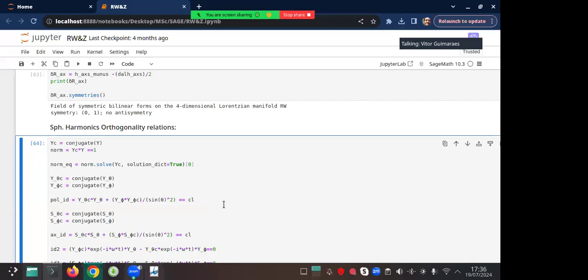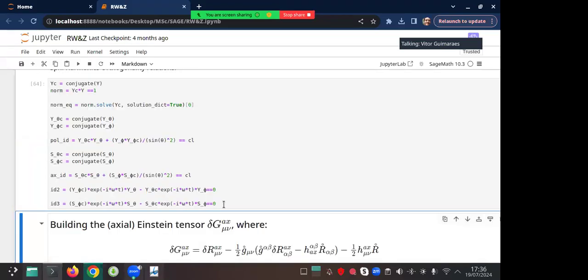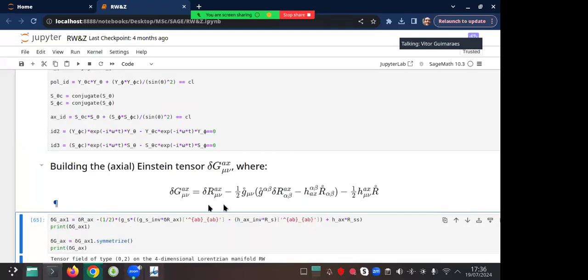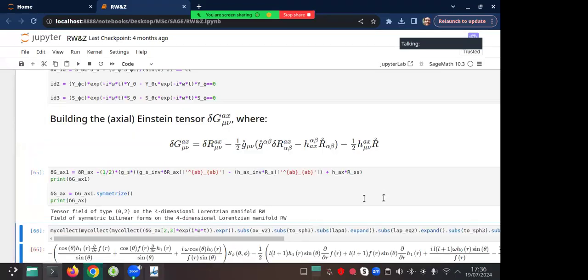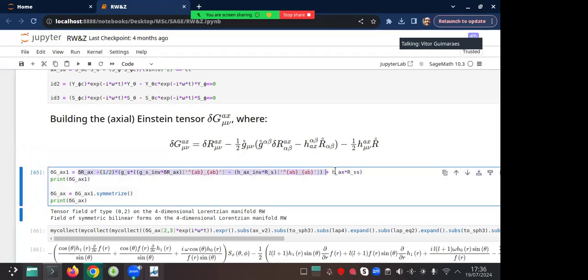Here are some spherical harmonics relations that I forgot to do, but now here. And here is the odd Einstein tensor. In this cell, we constructed them. This expression exactly translates this. So here we have the perturbed Ricci tensor.